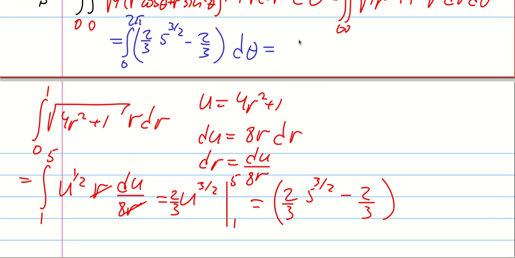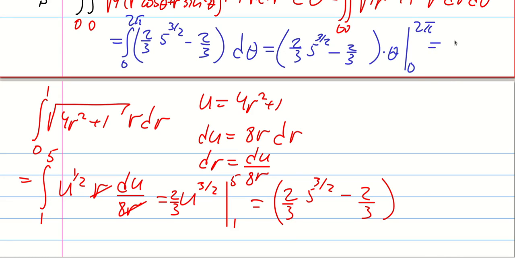And finally we have 2/3 times 5 to the 3/2 minus 2/3, times theta, evaluated from 0 to 2 pi.